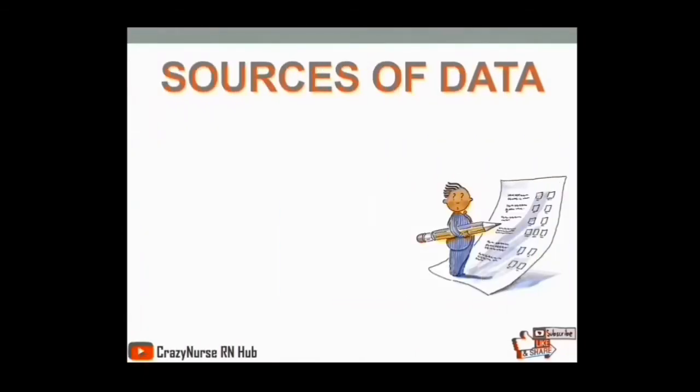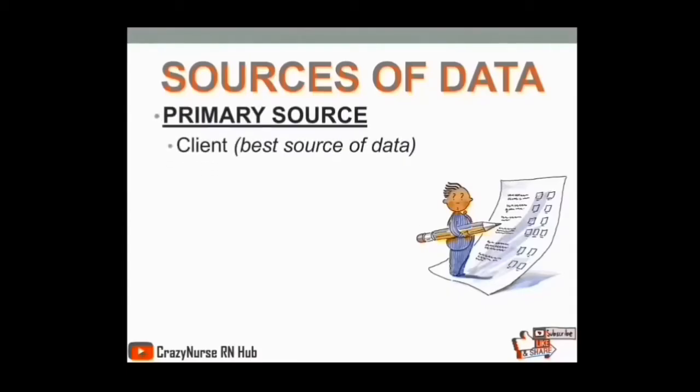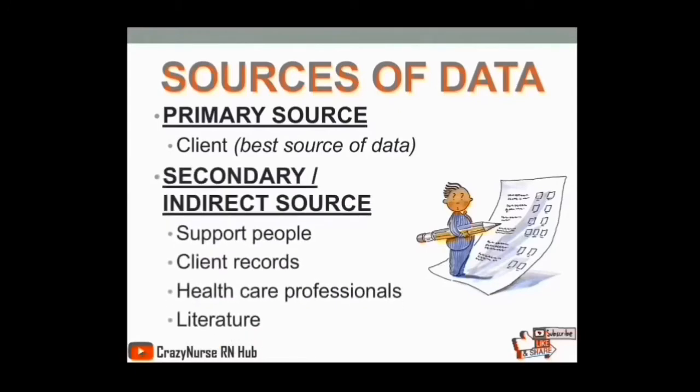Now let's discuss sources of data. Sources of data are primary and secondary. When we say primary source, the client themselves are the primary source of the data, which is considered the best source of the data. We also have the secondary or indirect source.